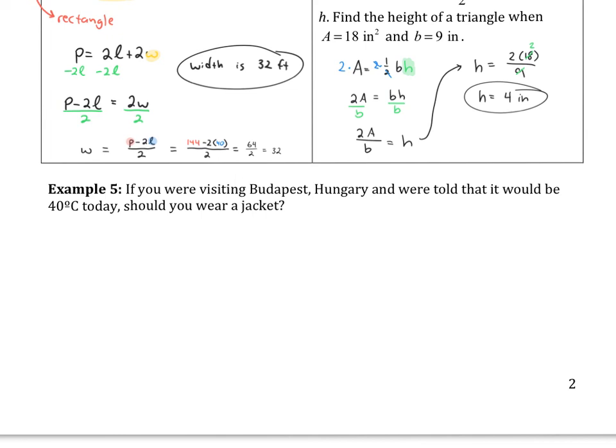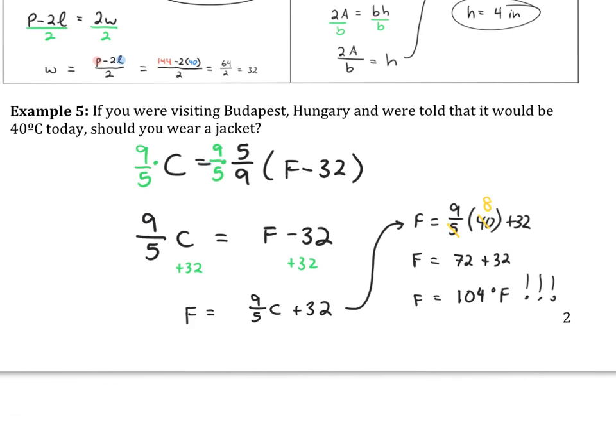So let's go back to our super secret formula where we said this. Celsius is equal to 5/9 of Fahrenheit minus 32. So this one here, if I want to get F by itself, let's walk through the process here. I'm going to get Fahrenheit by itself because I want to know what it's like in my universe here.